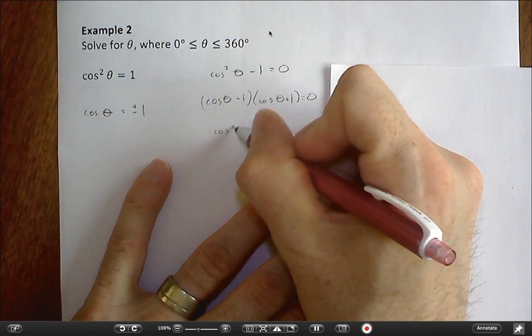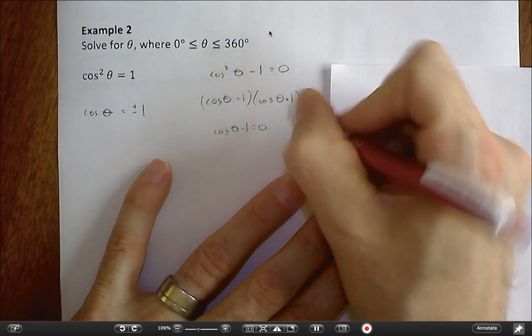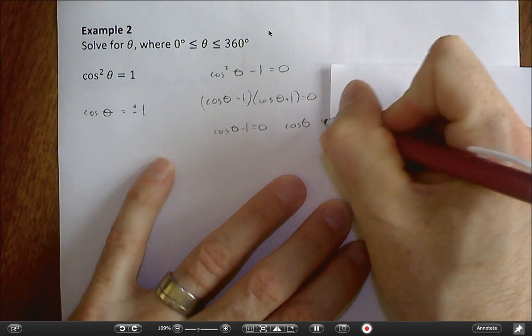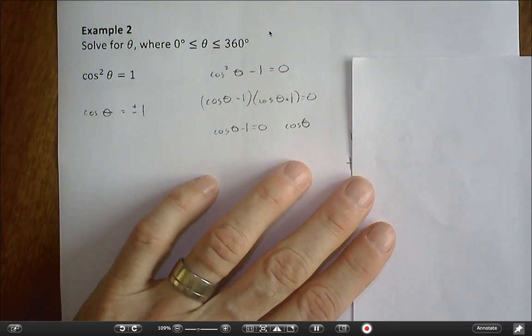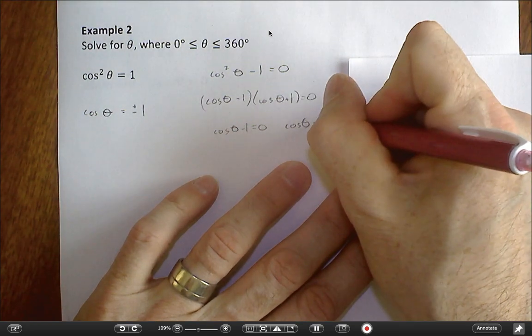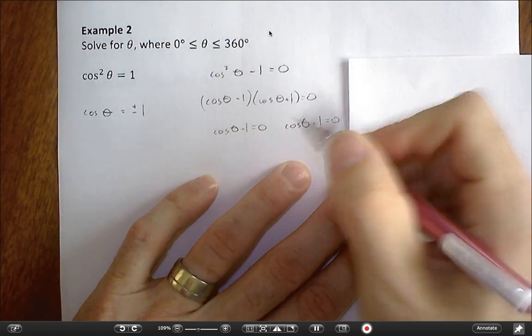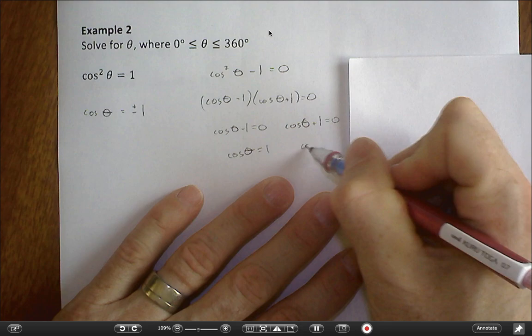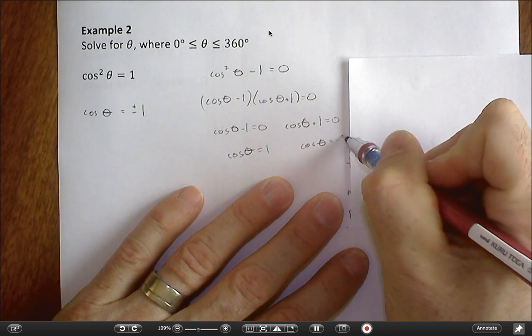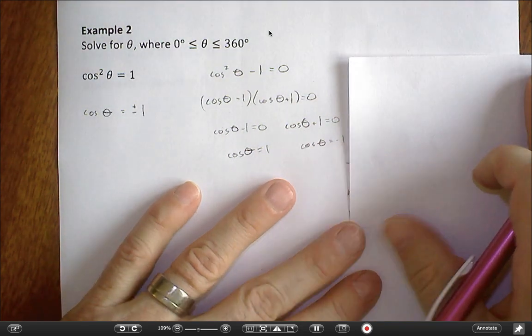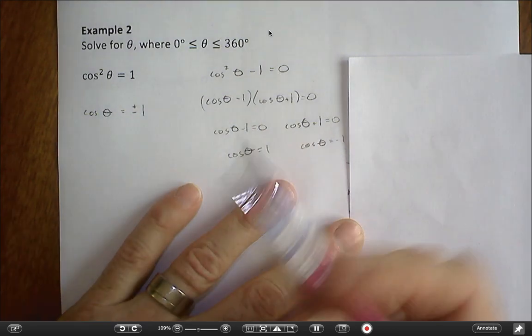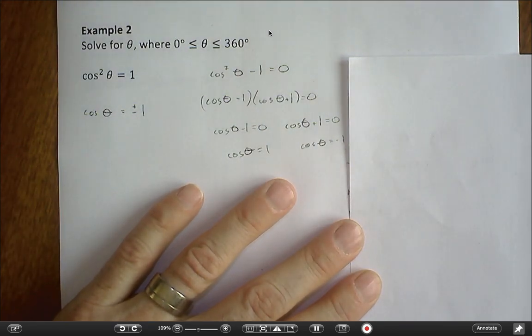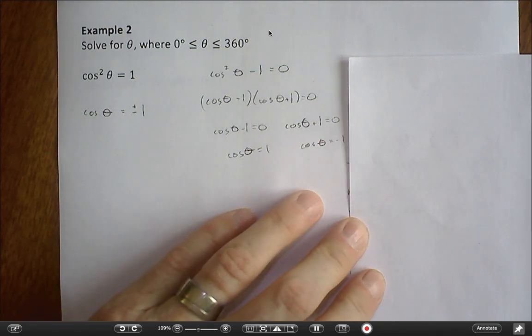So cosine theta minus 1 is equal to 0, cosine theta plus 1 is equal to 0, which leads me directly to cosine theta is equal to 1, or cosine theta is equal to negative 1. So it takes a little bit longer, but the goal of math is not necessarily to move as quickly as you can, it is to get the most correct answer.